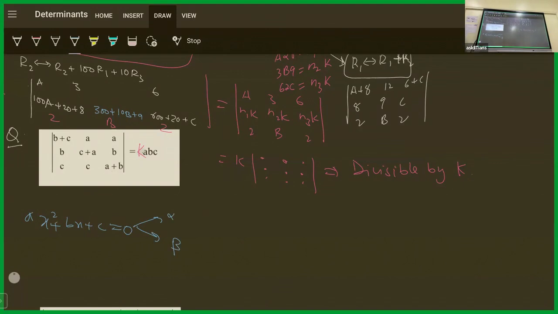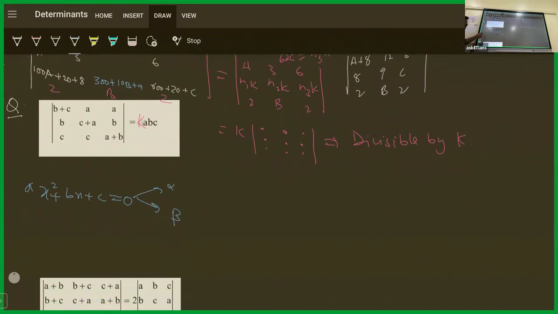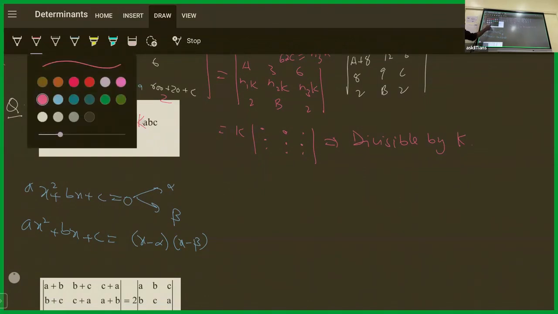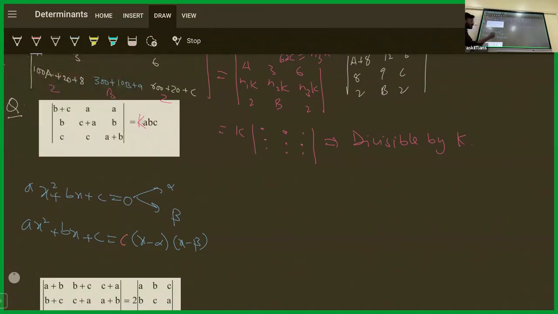Okay, so now tell me, if this is given to you, can I write it like this also, ax square plus bx plus c equals x minus alpha into x minus beta? Is it correct? No, it's not correct. What we need to add in this, we need to add a also here. Why?